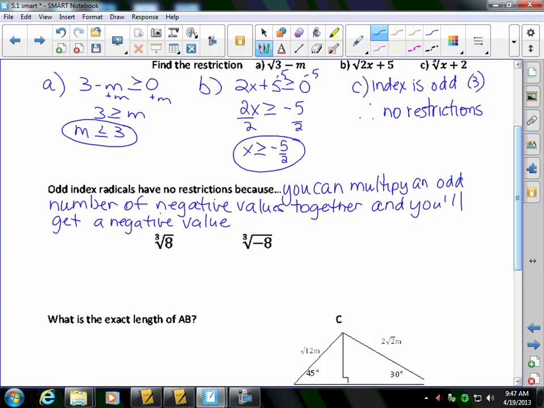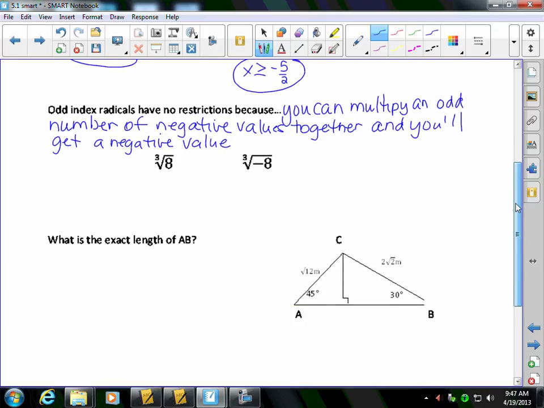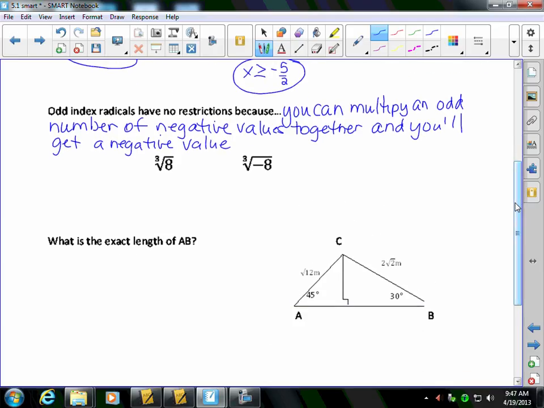So an example to show you this is cube root of 8. Cube root of 8, that's the same as saying 2 times 2 times 2. So the cube root of 2 times 2 times 2 is just 2.